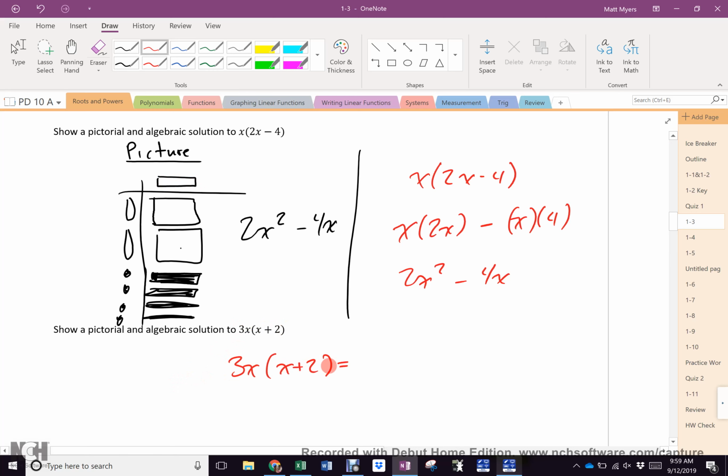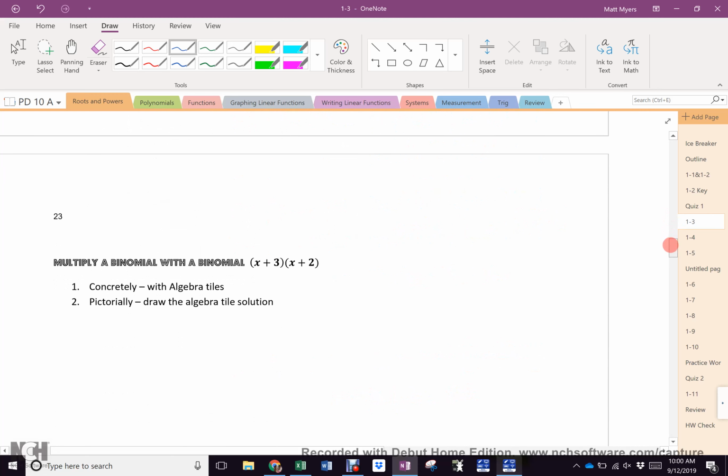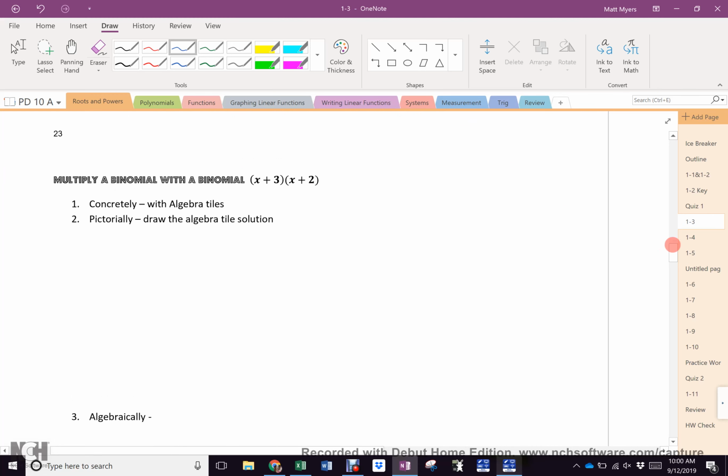What's that really? 3x times x plus 3x times 2, which is really 3x squared plus 6x. Right? Right. Now, if you can do that, which every one of you can do in your head easily, you now can do all polynomial expansion, because it's all the same thing.